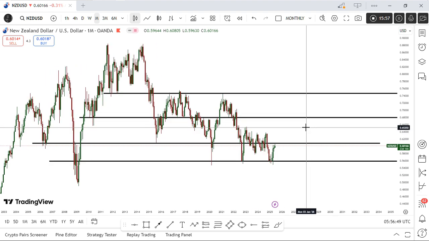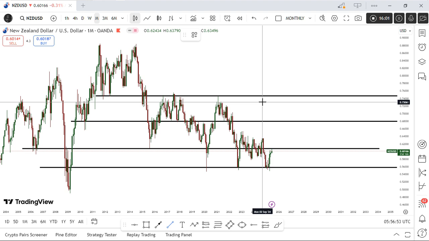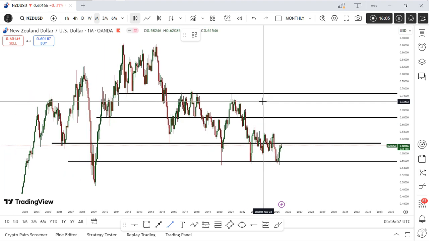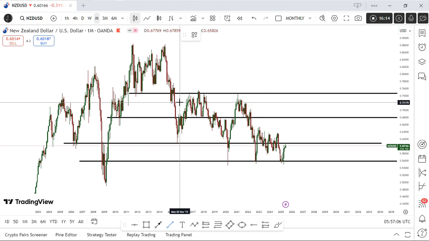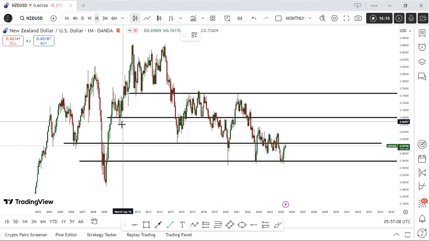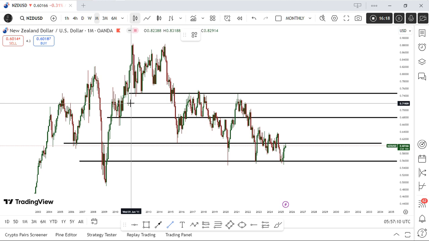Now we're going to be making use of a trend line tool. Remember I said earlier we use the trend line tool to identify the current flow of the river. The current flow of the river for this pair is range.